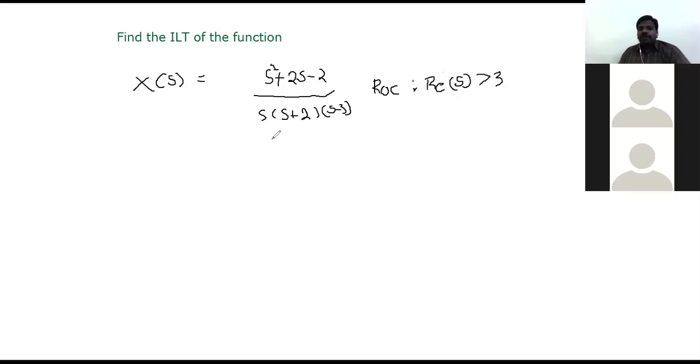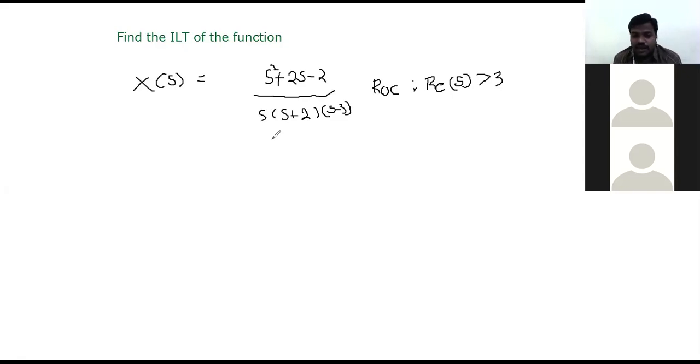So what do we have to do now? You have been given the Laplace transform x of s, and you are asked to determine the inverse Laplace transform of the function. What is the procedure we need to follow? That is very important. I think you already have sufficient knowledge of the partial fraction expansion method.